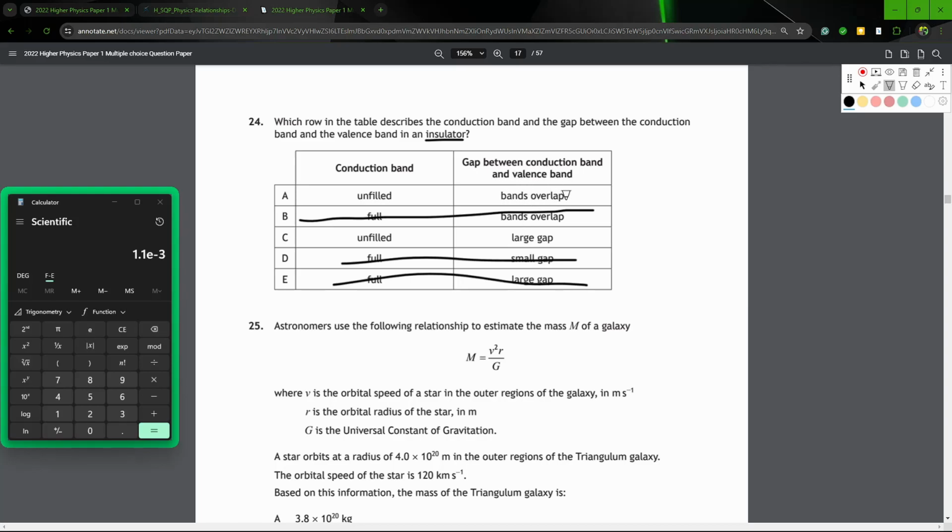Bands overlap is a conductor because that means the valence band overlaps with the conduction band. So that means it's already ready to conduct electricity. Very little energy is required because the electrons are already sitting in the conduction band, which means that one's garbage as well. So it has to be C because there are no electrons to conduct in the conduction band, and there's a large gap, so you need a lot of energy to pump them through.